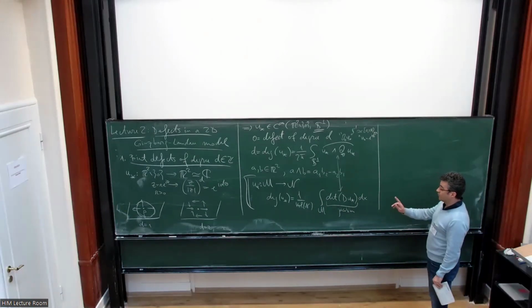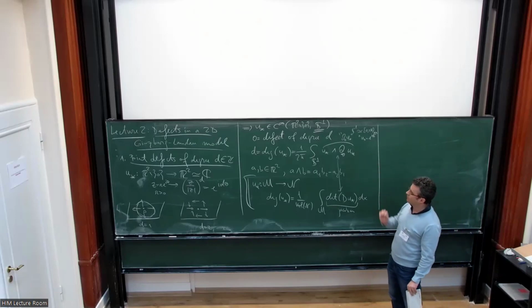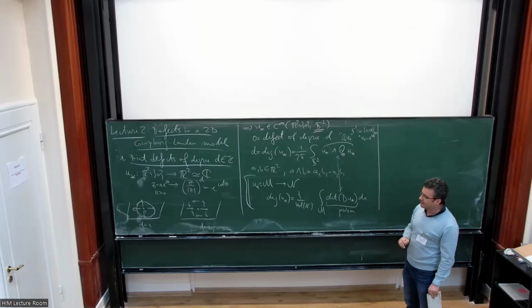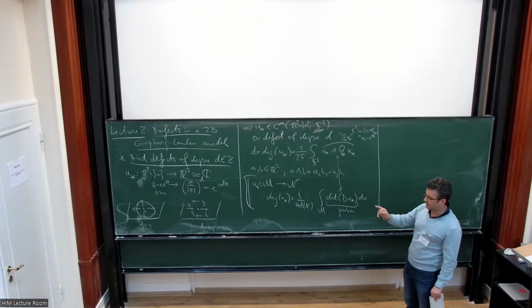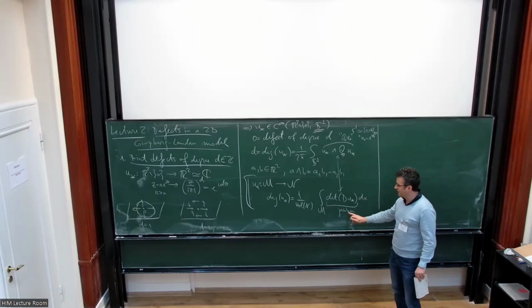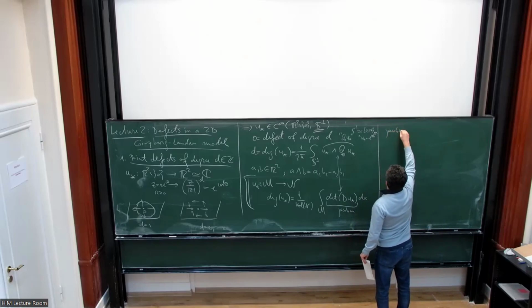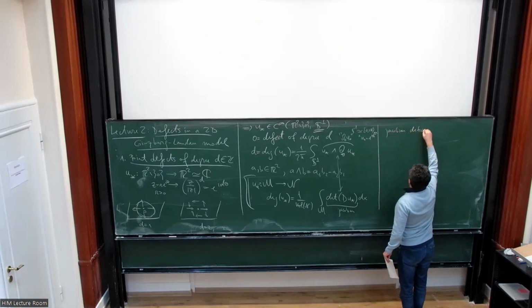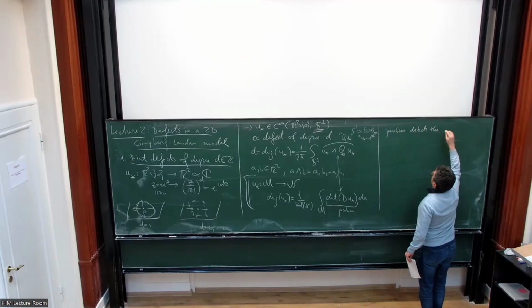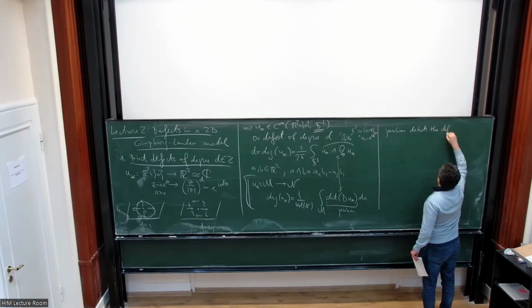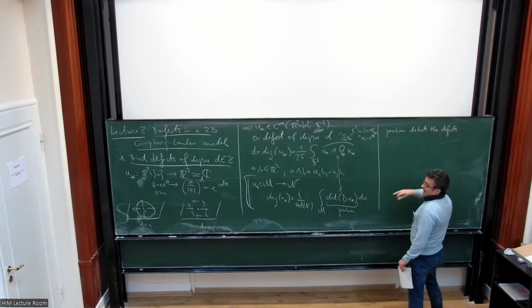So what is important is that you have a function with values in S1 and you ask how you can detect the defect. That's the Jacobian that detects the defects.